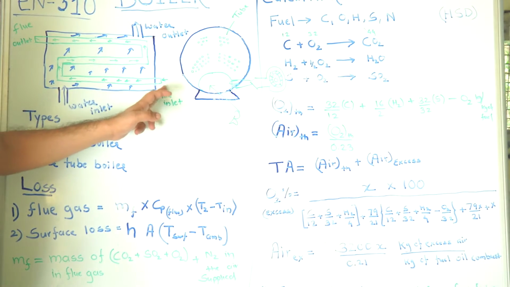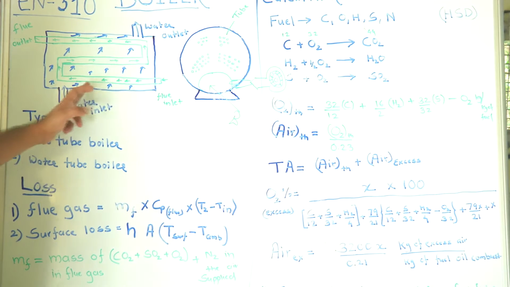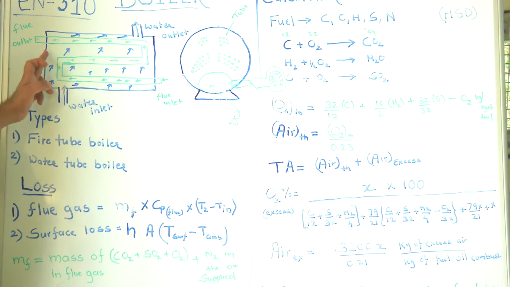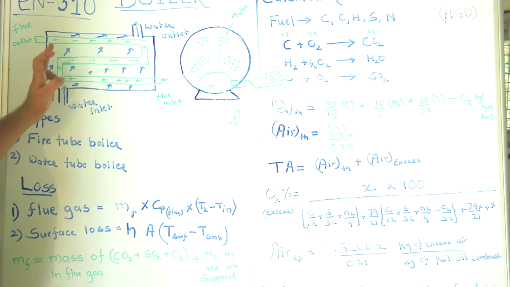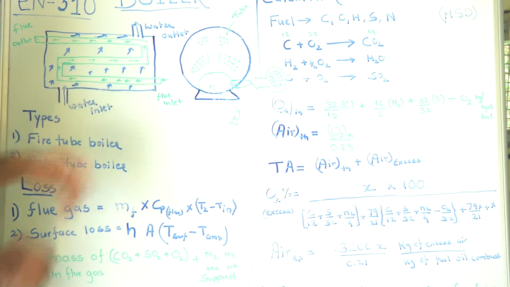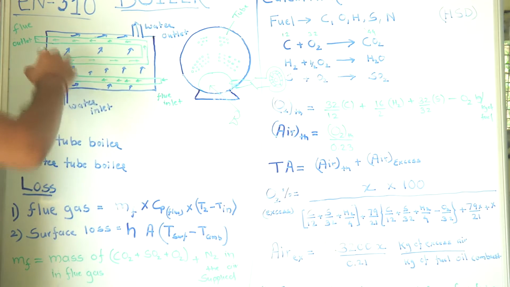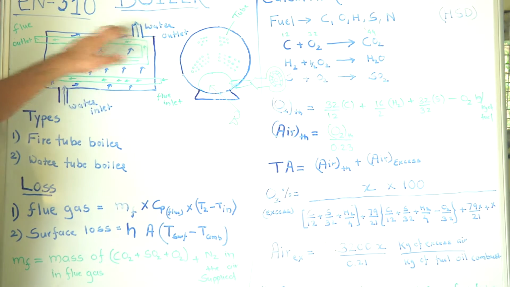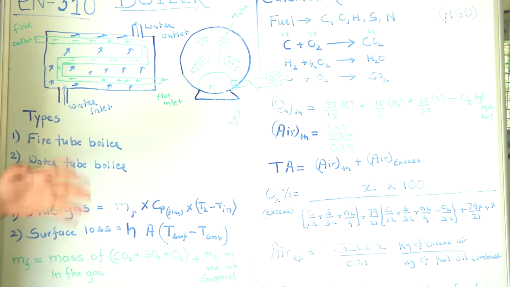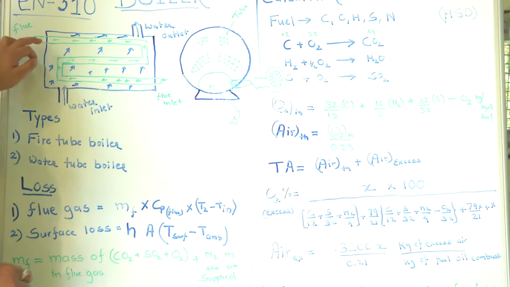From this inlet, it will pass up to the end, and then again travel from end to start. Like this it will travel through this path. In this case there are three paths: first, second, third. So this is a three-path boiler, and after that it will go to an exhaust.